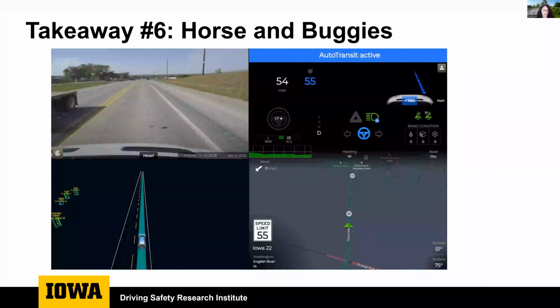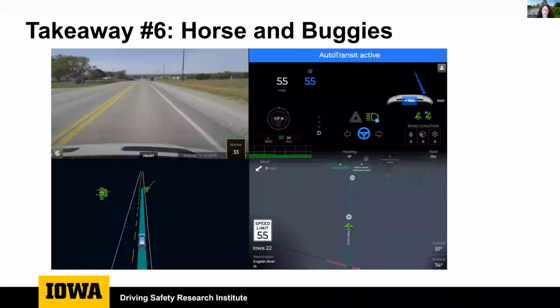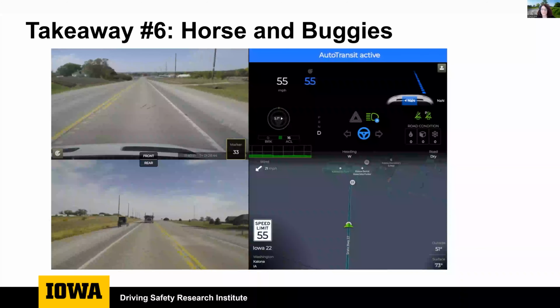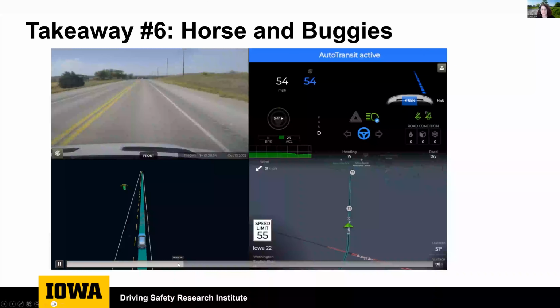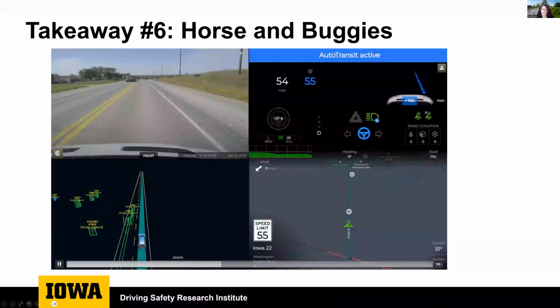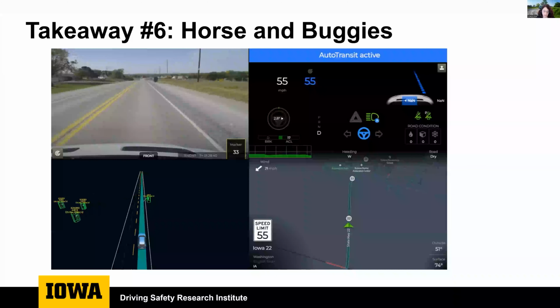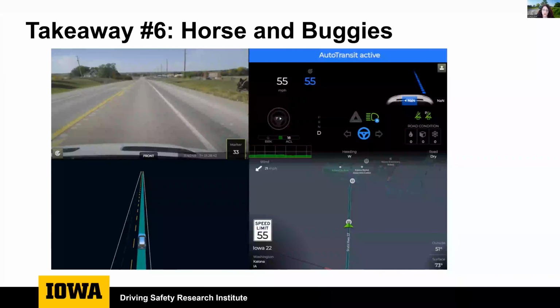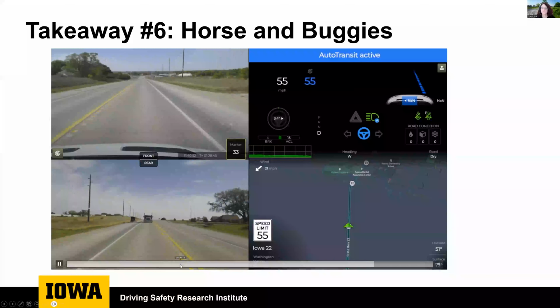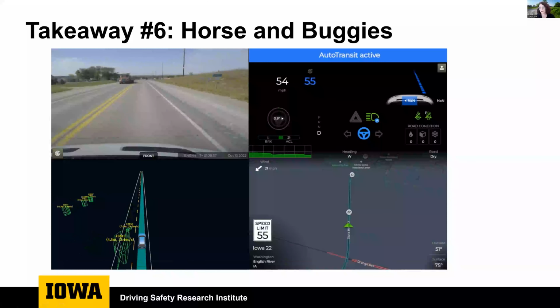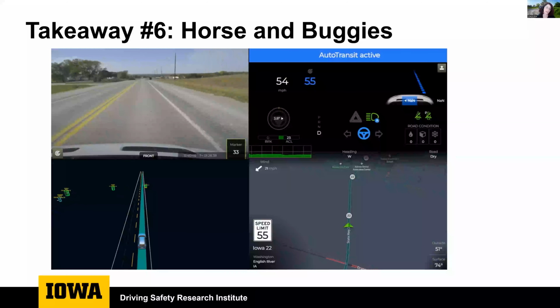One thing I like to point out is that this is a particularly wide shoulder. It's paved. That's very common on our route because there is a high number of horse and buggies traveling, lots of farm equipment traveling. Now, if the shoulder is gravel, as Steve mentioned earlier, it might kick up that dust, which is going to impact the automation's ability to keep driving.